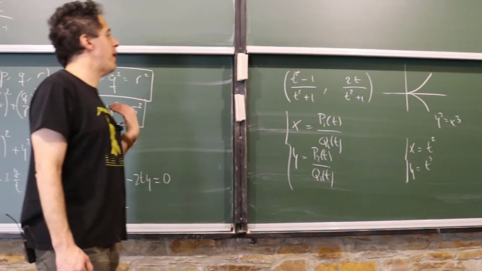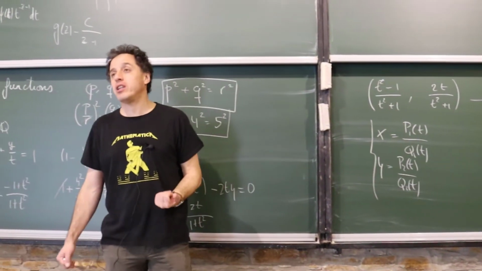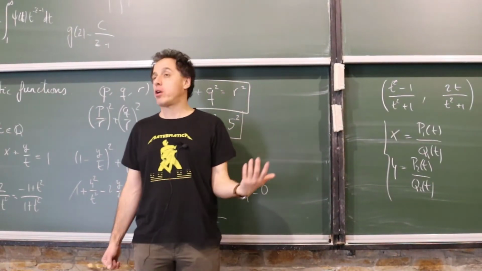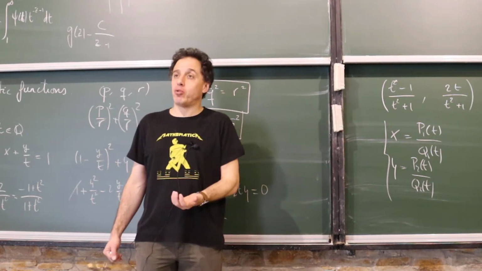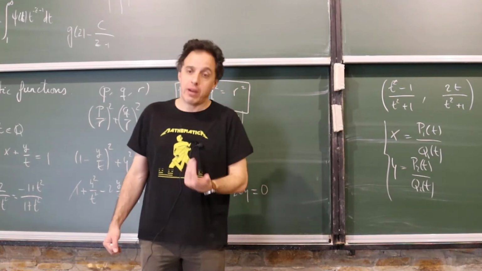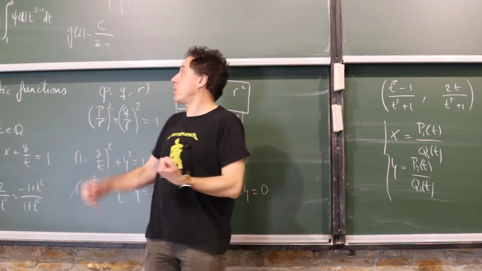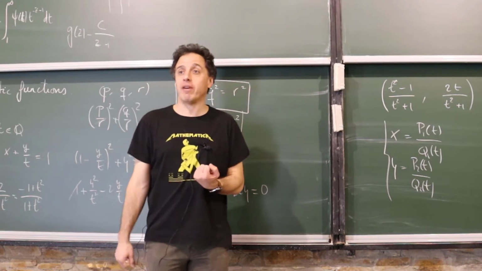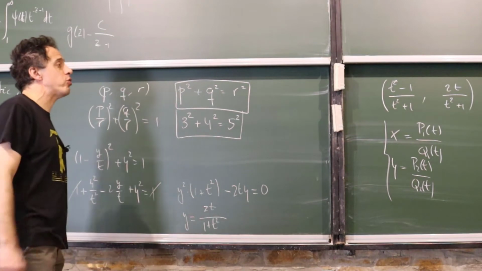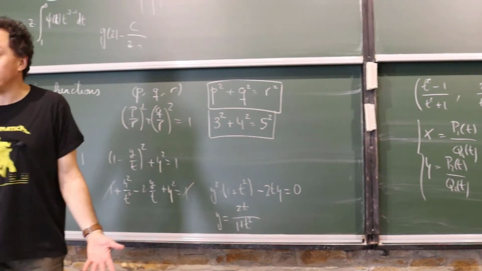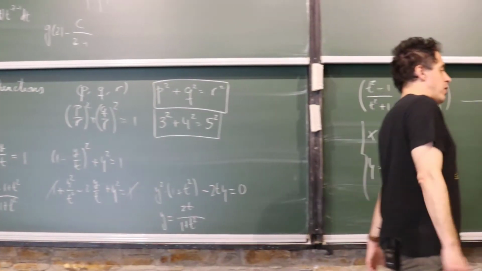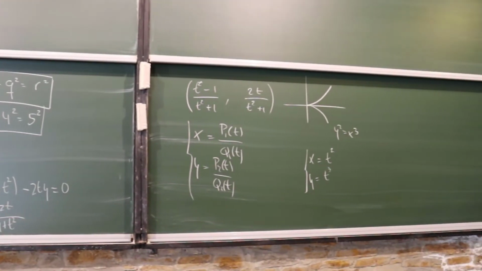So you could ask a question, can I parameterize this curve using another kind of functions? Any cubic curve, for instance, can it be parameterized? So we will see that yes, it can be parameterized using another kind of functions, which are going to be these elliptic functions here. So it's one of the motivations of trying to study curves that are not rational. Of course, this kind of argument could be extended to higher degree curves.